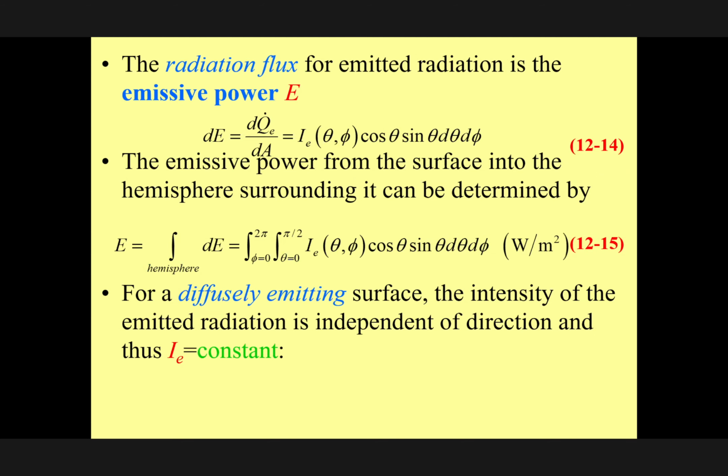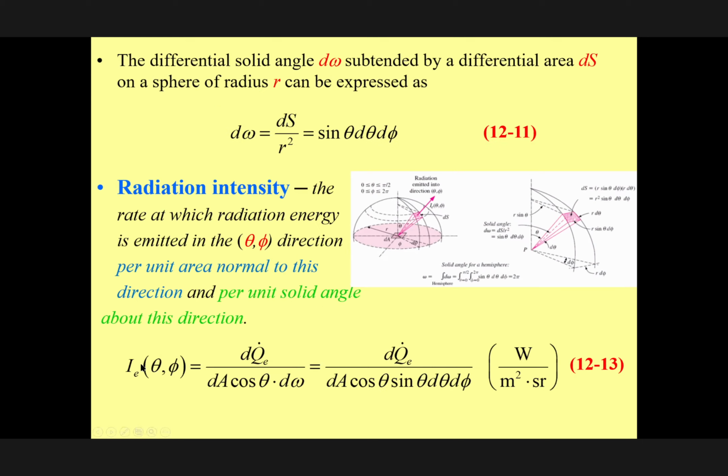Now, if you integrate that energy, as I mentioned, if you go back here, we integrate the energy between this angle, from 0 to pi over 2, and from this angle to here, pi to 2 pi.